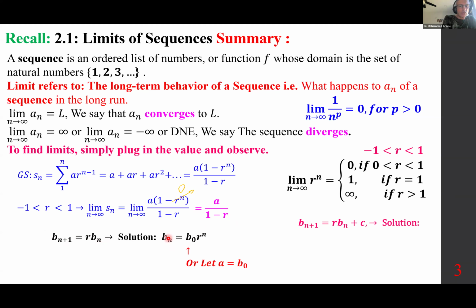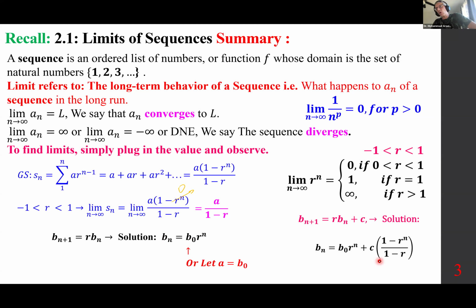If we add a constant to that, like giving medications to patients, then this value will add this part: c times 1 minus r to the power of n over 1 minus r. Again, in some texts we use a, in some texts we just use b sub 0. I want to make sure everybody's comfortable with that.